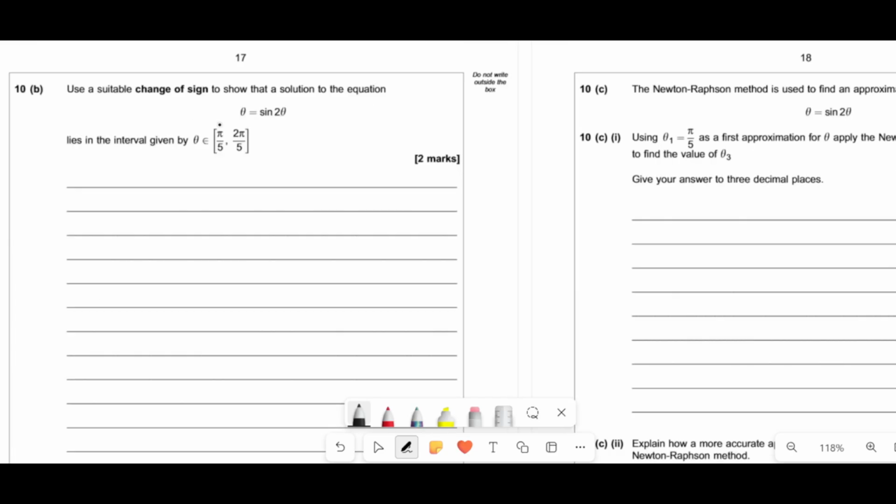So now it says, use a suitable change of sign to show that a solution of the equation lies in this interval here. So fine, theta equals sine 2 theta. I'm going to let this equal 0, so theta minus sine 2 theta equals 0. If I say that f of theta is theta minus sine 2 theta, all I've got to do is plug these numbers in and see if we get a change of sign.